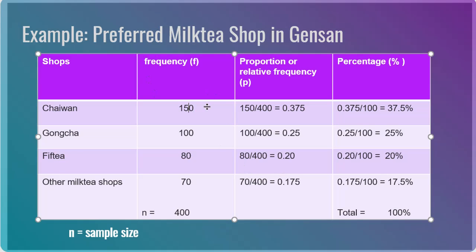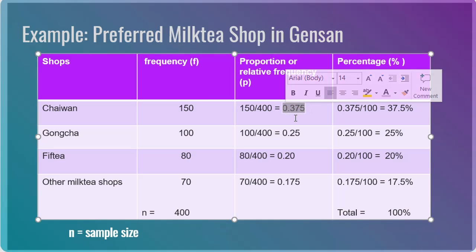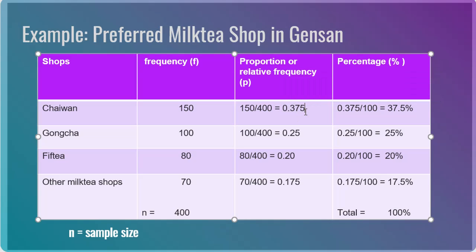Now if we want to get the proportion of the frequency, we simply divide 150 by the sample size, which is 400, then our result will be 0.375. So this is what we call proportion or relative frequency. Now we want to get the percentage.